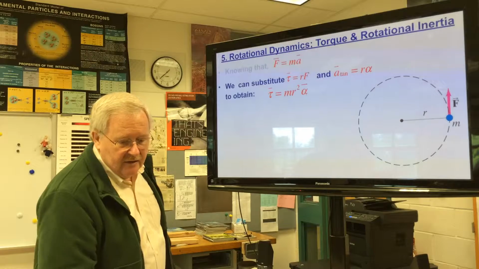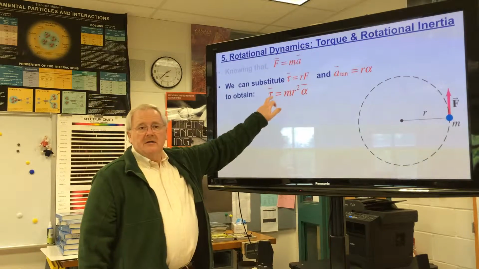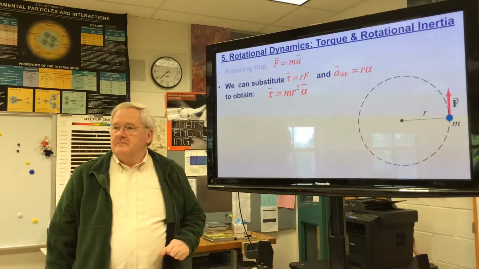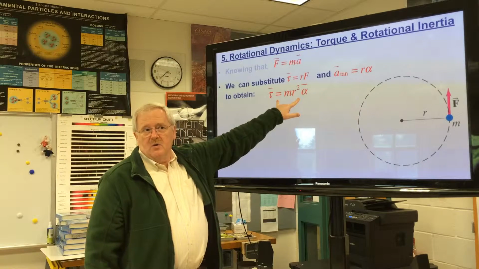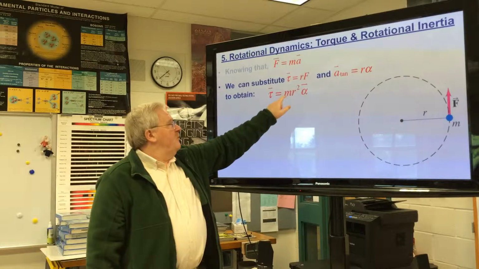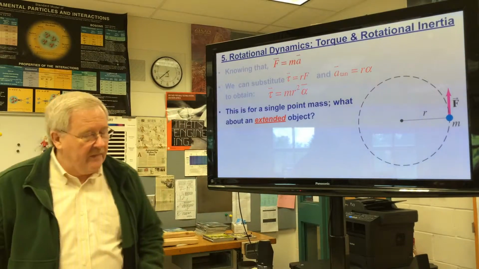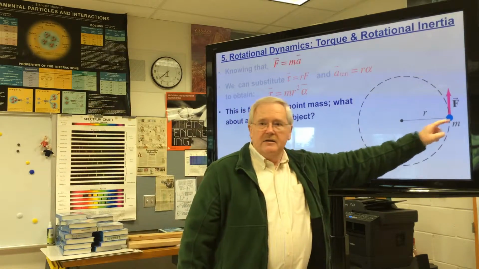If we put that in, what we obtain is this, that the torque equals mr squared alpha. This is the equivalent of Newton's second law. But it actually simplifies a little bit. We now look at this thing here. This is for a single point, like shown over here, single point mass.